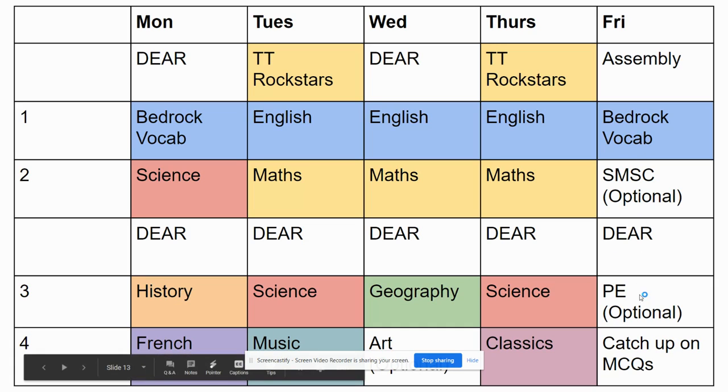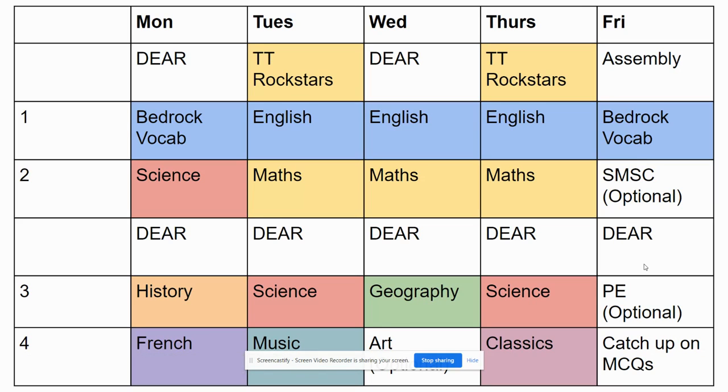So there's plenty of time on a Friday for you to catch up on any missing MCQs that you might not have had time to do throughout the week or after lessons that you've watched. So there is time there for you to do that. You can see at the end of each Friday.